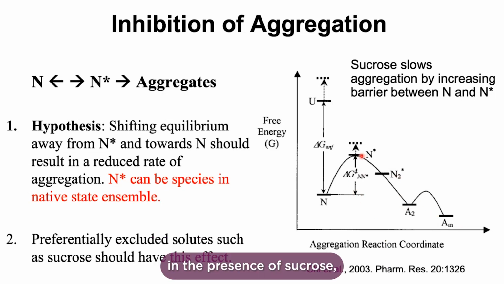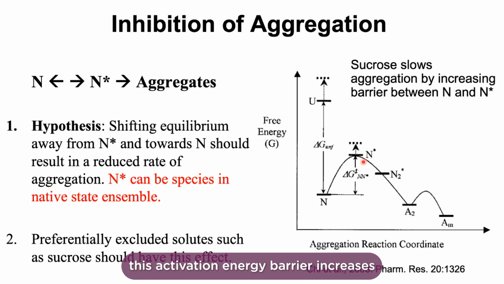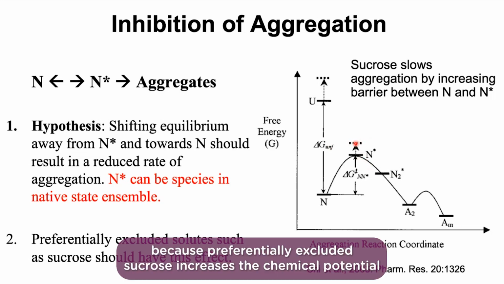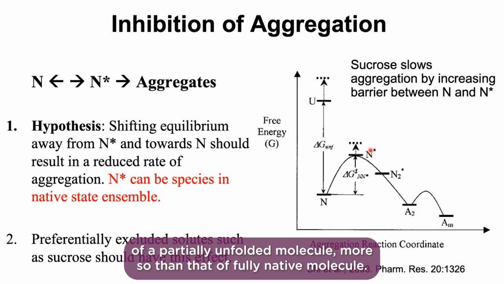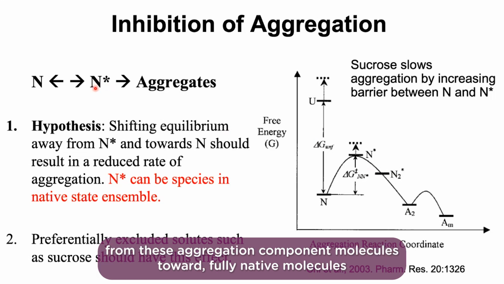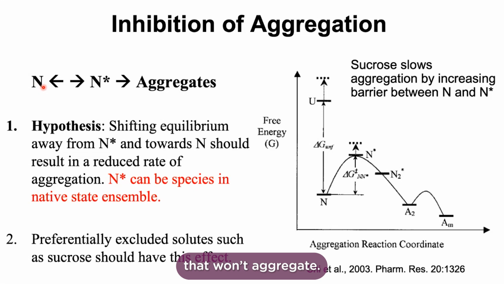In the presence of sucrose, this activation energy barrier increases because preferentially excluded sucrose increases the chemical potential of a partially unfolded molecule more so than that of a fully native molecule. The other way to look at that is you're shifting the equilibrium away from these aggregation-competent molecules toward fully native molecules that won't aggregate.